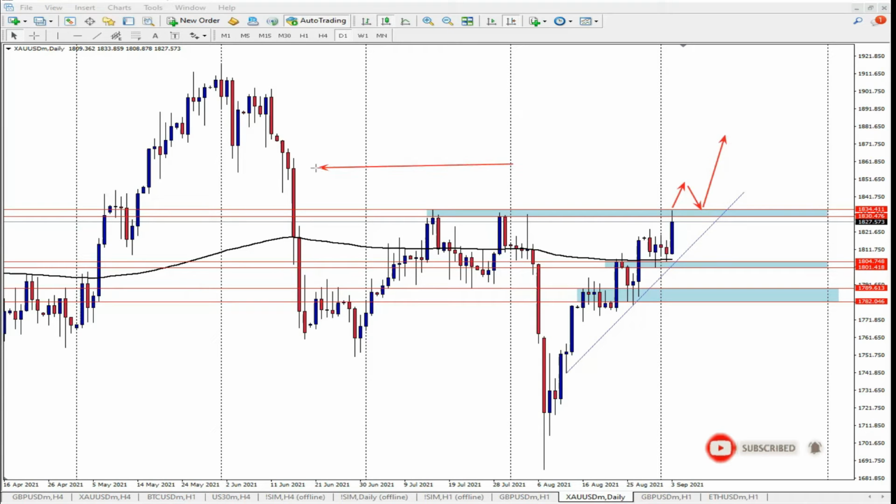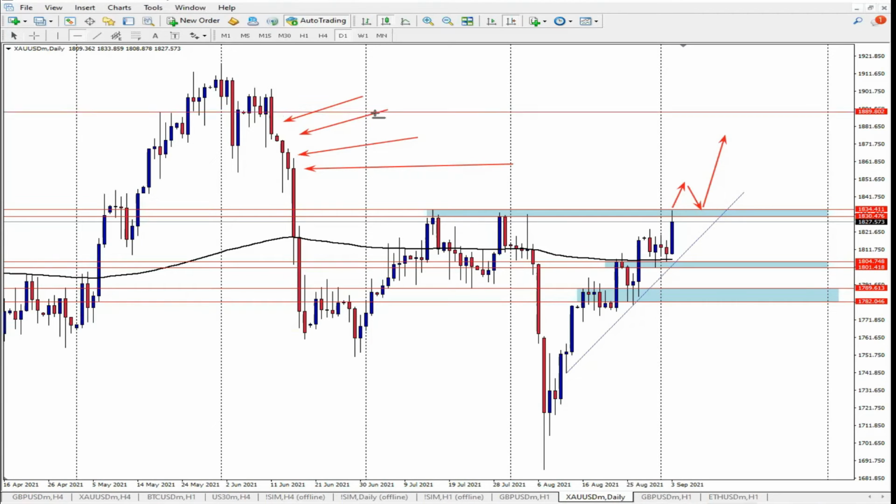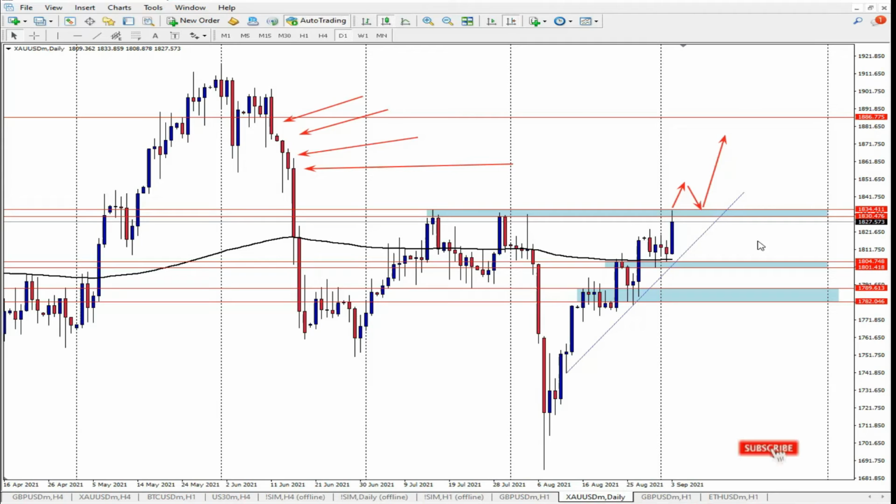Because if you take a look at the left hand side, there is nothing really stopping the bullish run. So if it breaks, then the bullish run will obviously continue all the way to, on the longer term, the 1886 area. At least that would be my target.